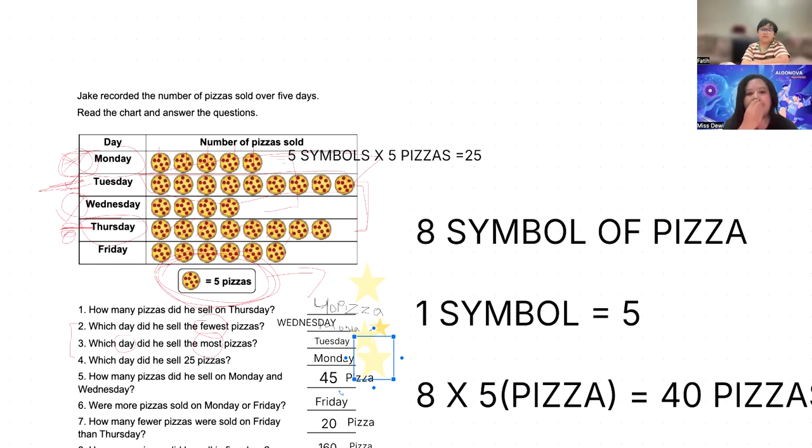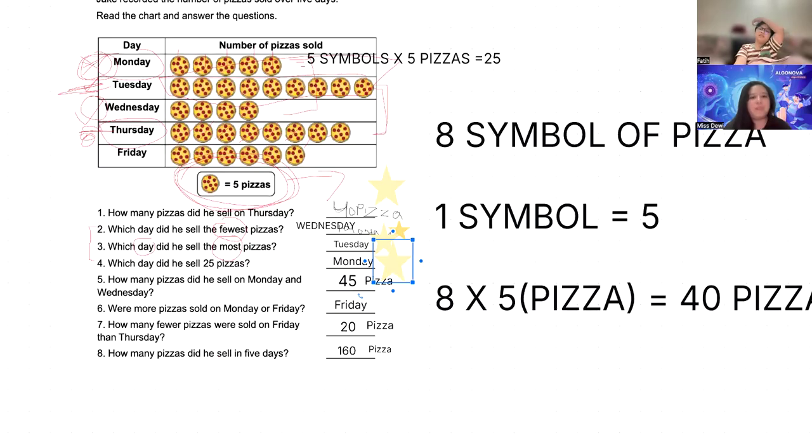Okay, next. Wow, Fatih, you gained 3 big stars here. That's wonderful. Next, number 5. How many? Okay, this one is asking about how many pizzas, which means your answer will be a number.